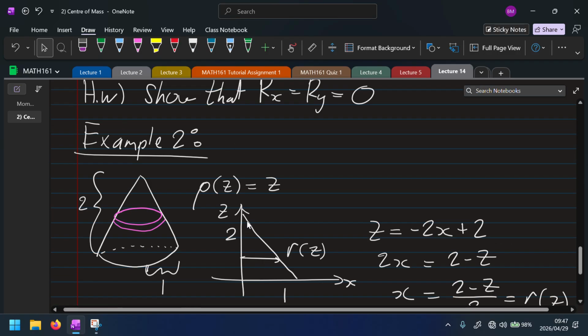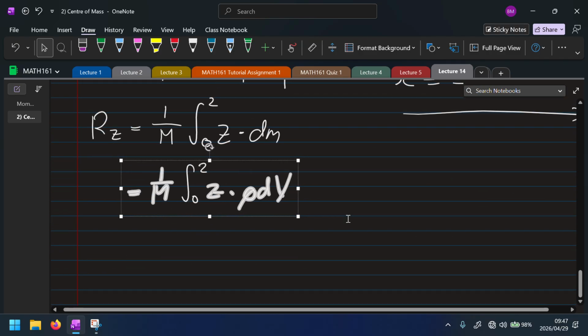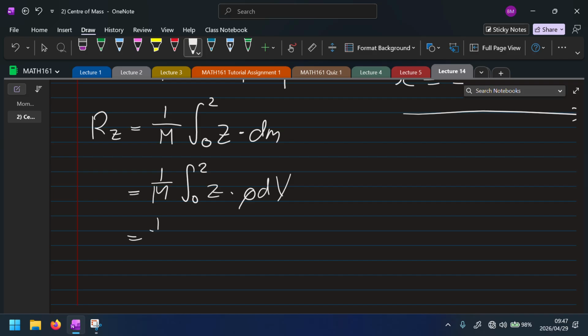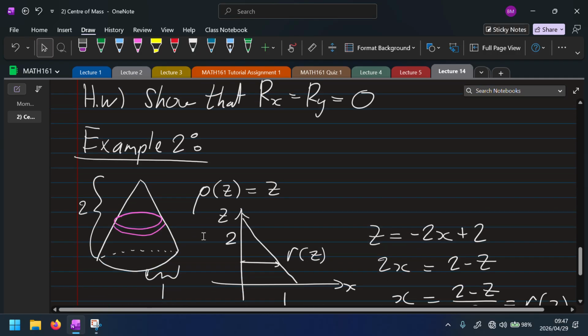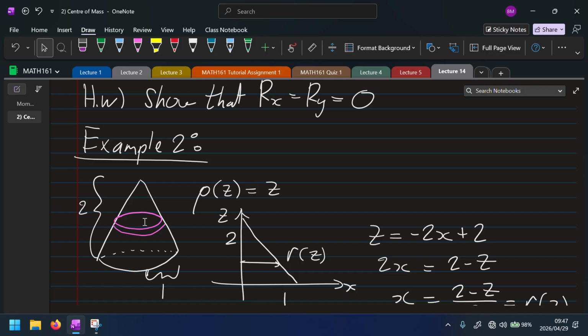So rho will be Z from what we got there. And dv for the disk method, what's the volume of this? R squared dz.